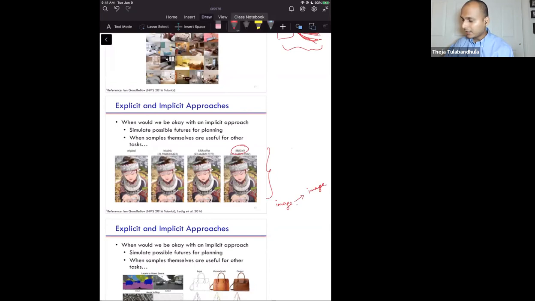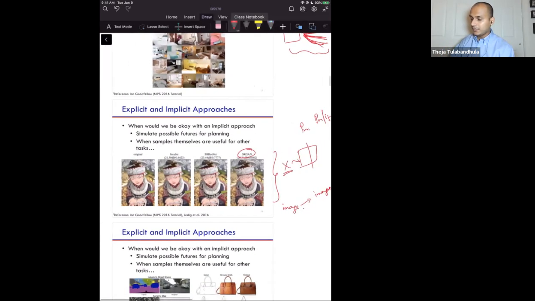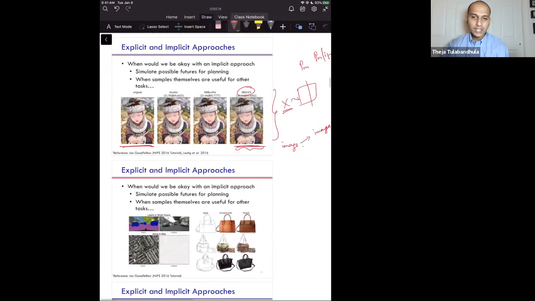This is an example where the box from which you're sampling produces the new high resolution image, but the box also depends on the low resolution image. It's a conditional distribution: not p of x, but p of x given some input. The hope is that from the low resolution image, you've learned something good, so that you can actually increase the resolution, and hopefully it's comparable to the original here. So this is just an example where you don't need to know the explicit distribution, you just need samples.